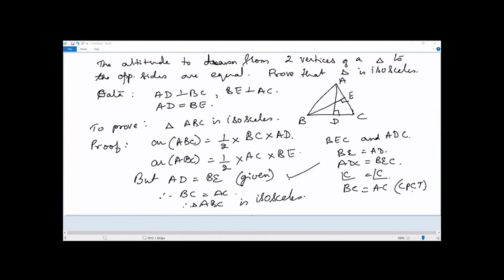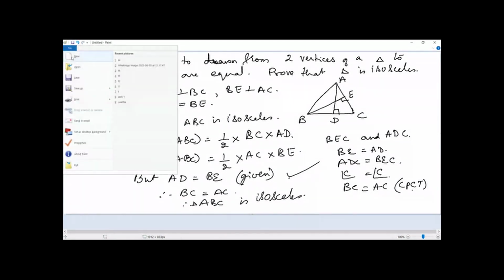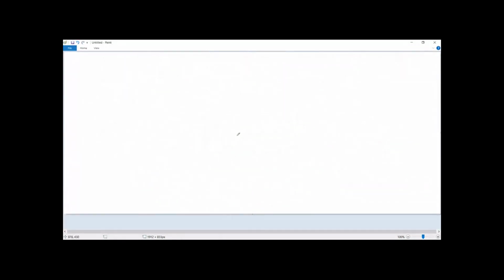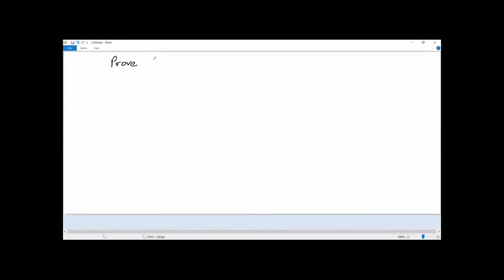Next is Sneha. Sneha? Yes, ma'am. You have to answer. Prove that a cyclic parallelogram is a rectangle.